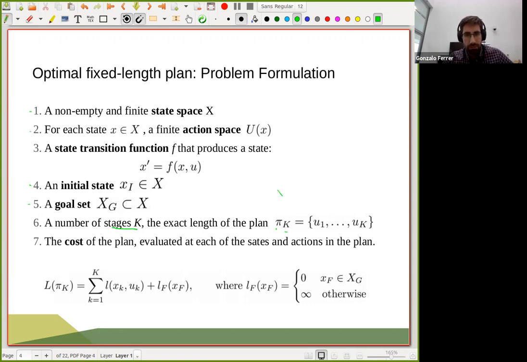Remember that if we have the initial state, just by calculating this sequence of transition functions, we could calculate all state variables, so x2, x3, xk, and then we'll have xk plus 1.